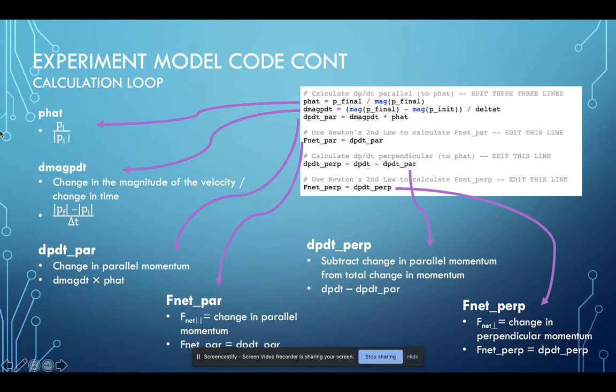And I set that change in parallel momentum over change in time equal to F net parallel. And then for our perpendicular force, I found the change in perpendicular momentum by subtracting the change in parallel momentum from the change in total momentum. And then I set F net perpendicular equal to the change in perpendicular momentum over change in time.